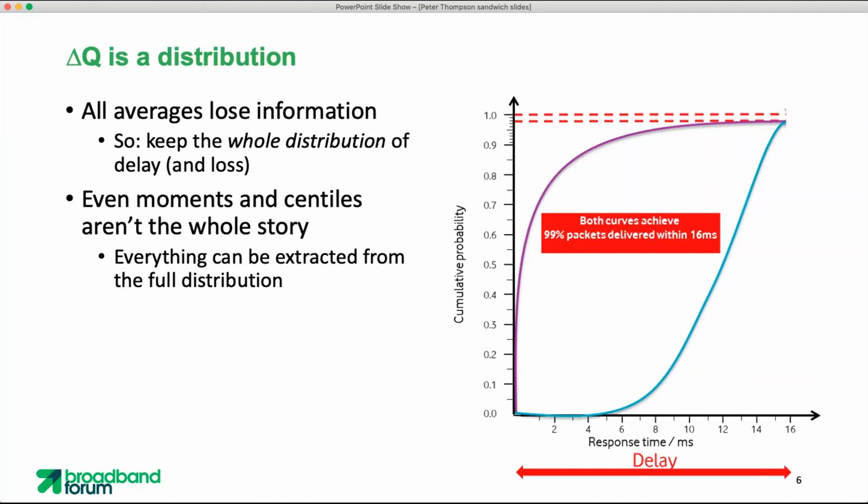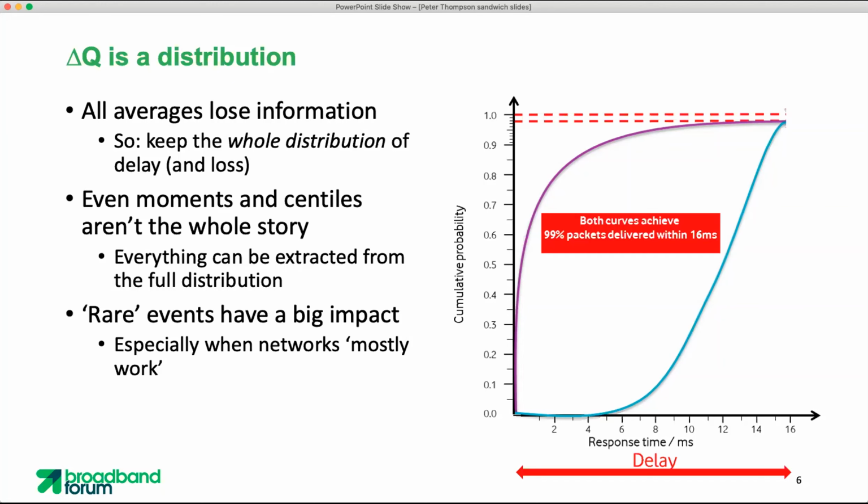Whereas if we have the full distribution, we can extract everything we want. And one of the important things about distributions is what we call the tail, the low probability events. And because networks mostly work these days, these rare events can actually have quite a significant impact. So it's important that we represent them and measure them.